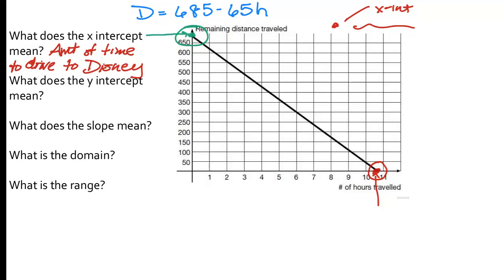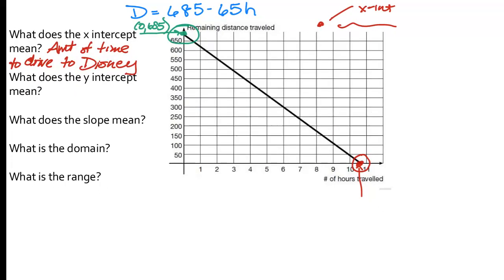Because for this, distance equals 685, remaining distance traveled. And if they haven't left, then the amount of distance they have to go is still 685 miles, right?